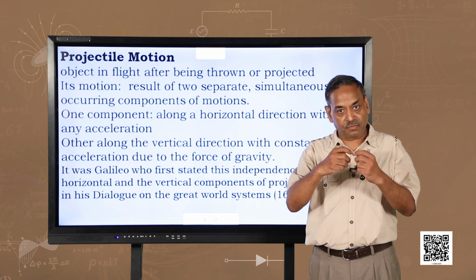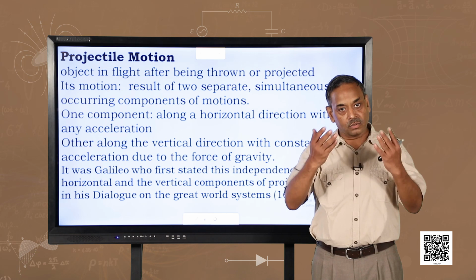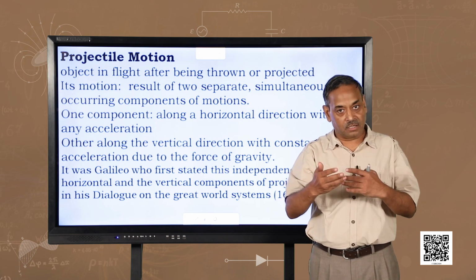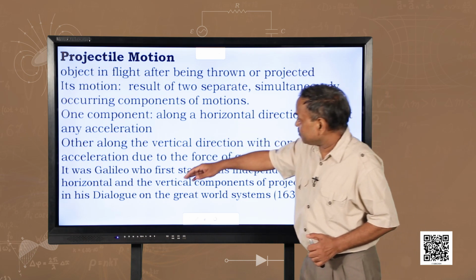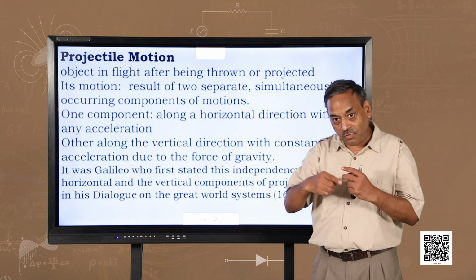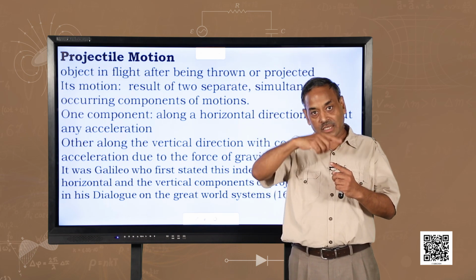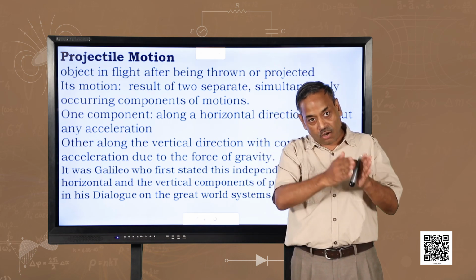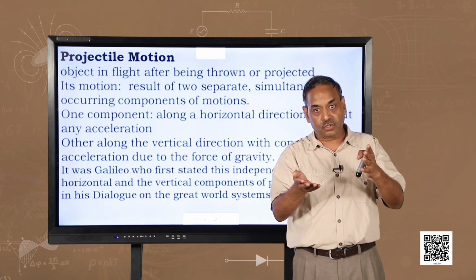Whether you fire a bullet, you throw a ball, or whatsoever you do, all those are examples of projectile motion. Let us try to do this example beforehand. So, yet again you will see that this is a motion of two motions. This can be decomposed into two motions along the x axis and y axis, which Galileo proposed in his 1632 book.